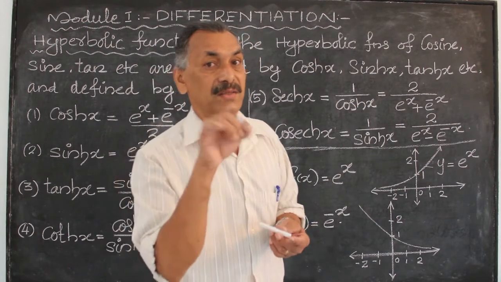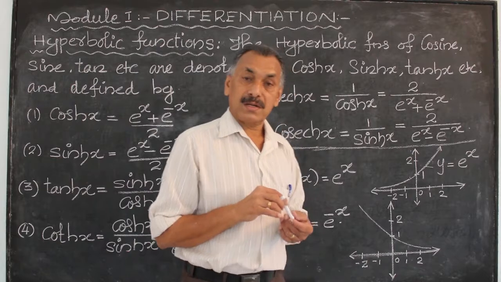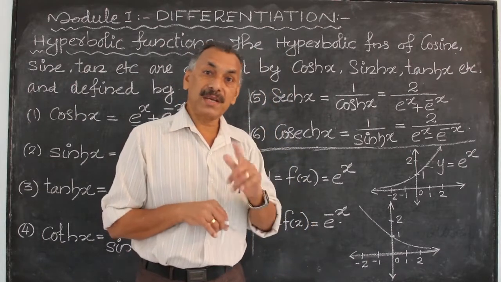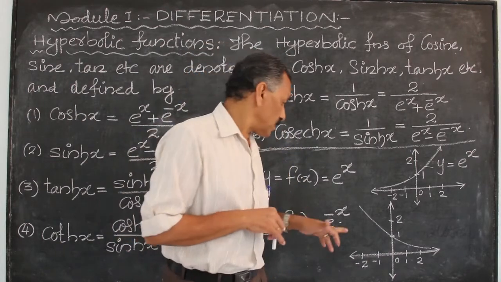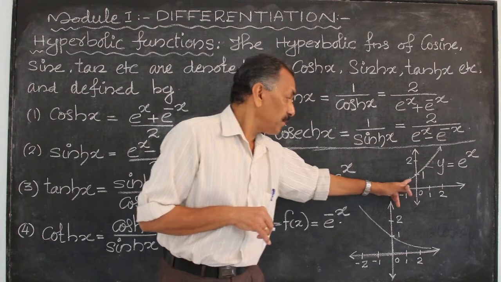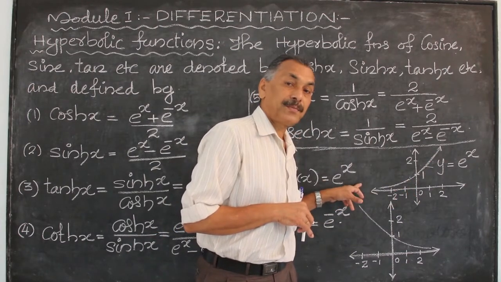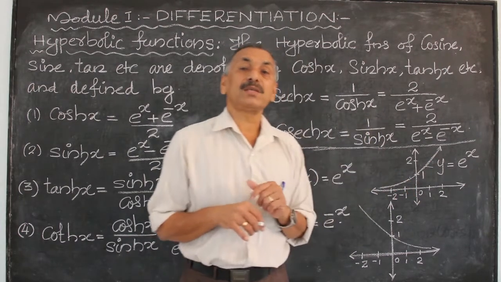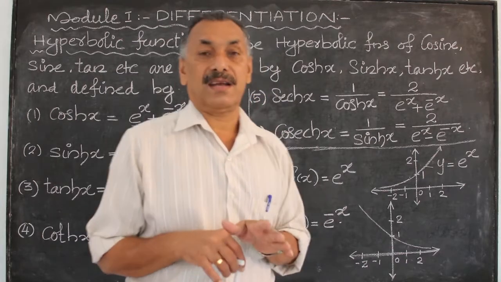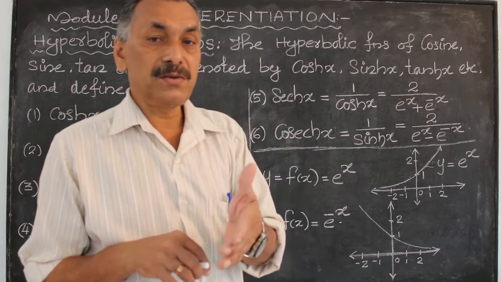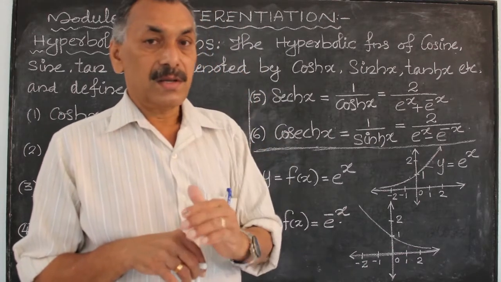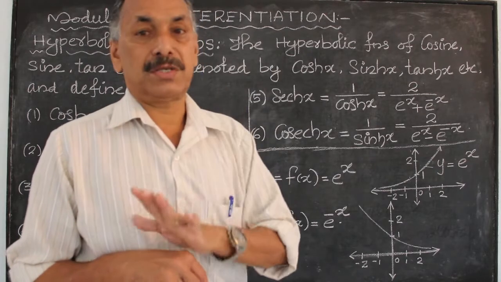For negative x, e raised to minus 1 means 1 divided by e raised to 1. Then e raised to minus 2 is 1 divided by e square, and so on. Whether x is positive or x is negative, the value of e raised to x is always positive.